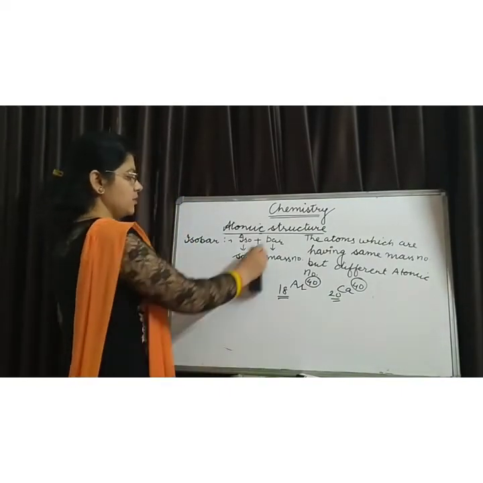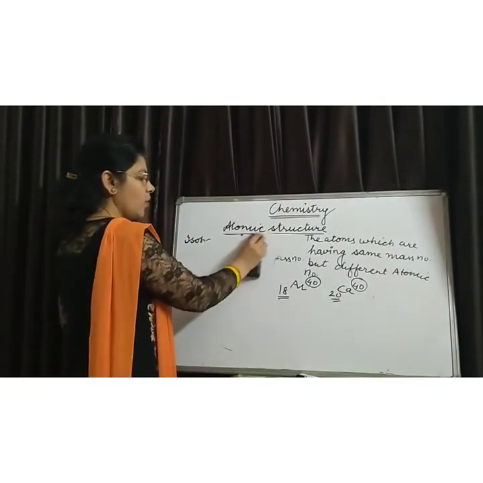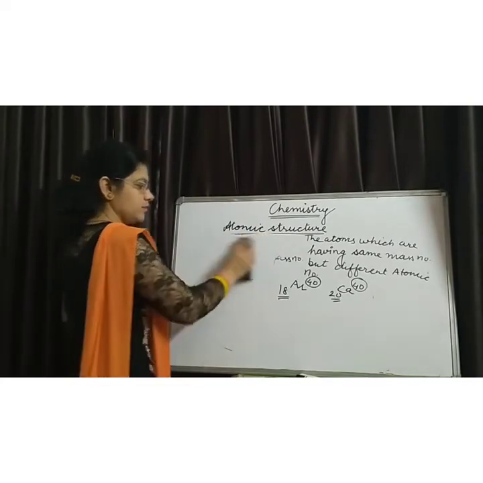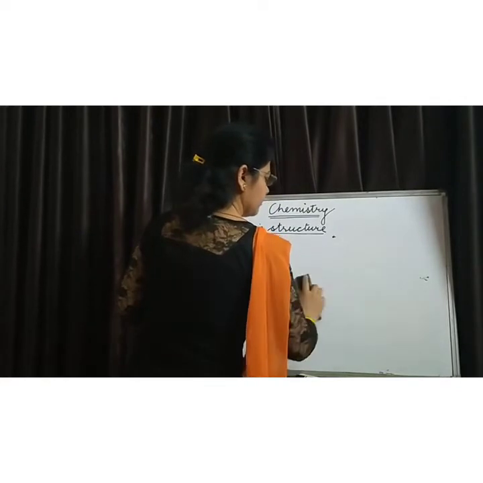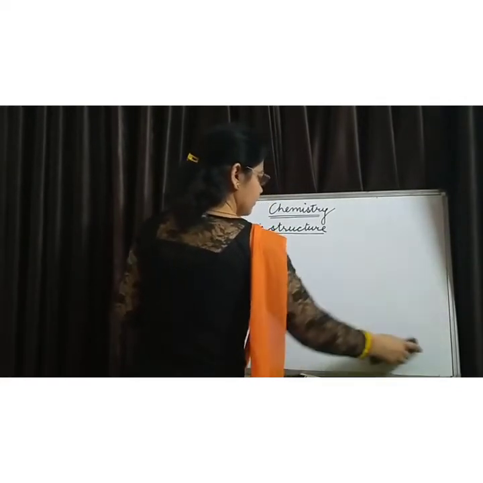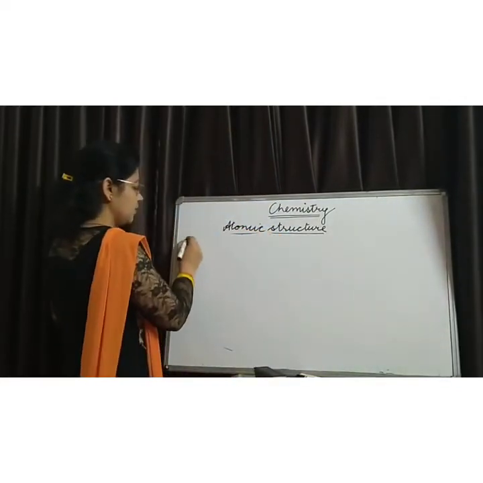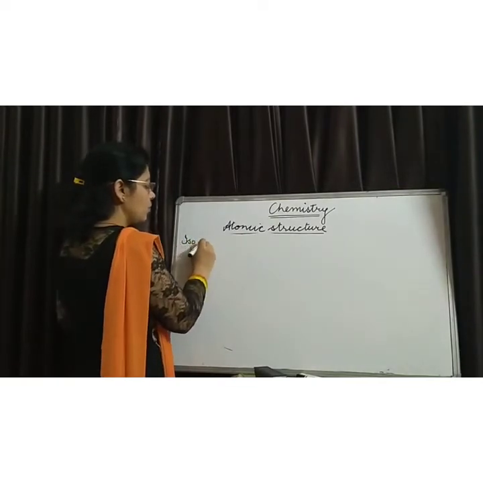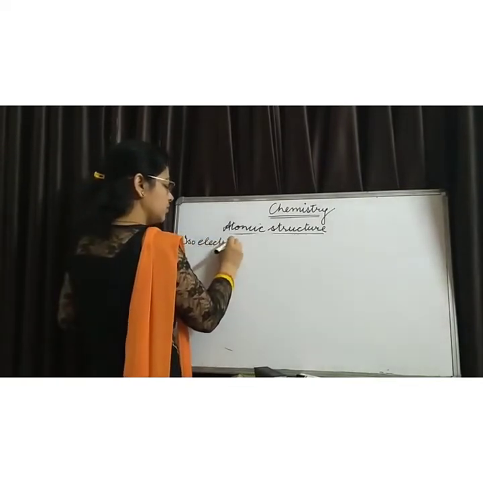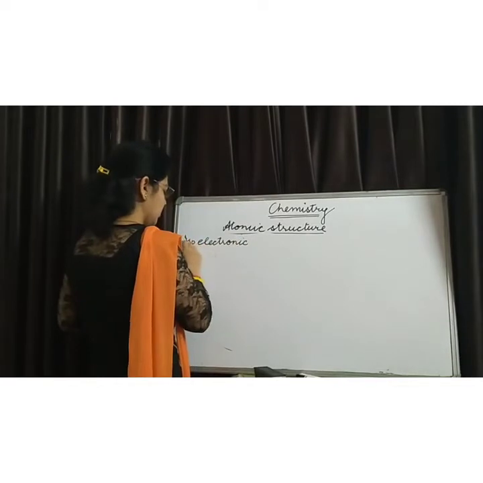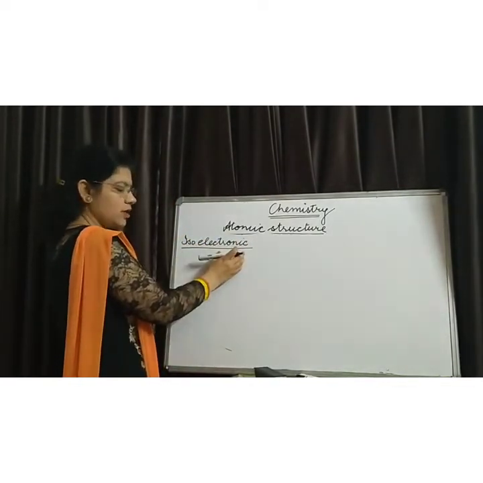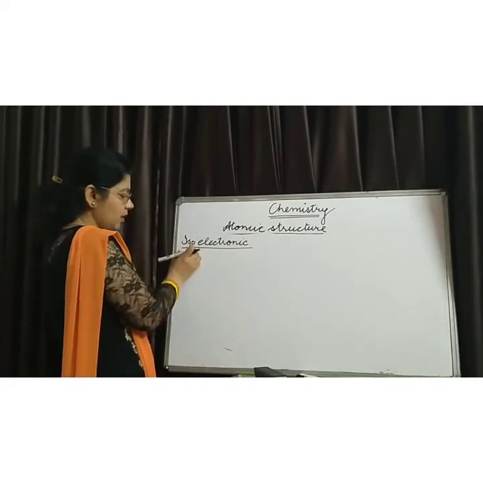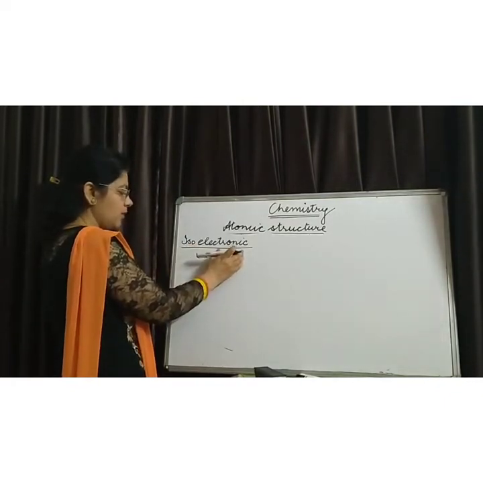Next term is isoelectronic species. The word isoelectronic is made up of the two words, again iso plus electronic.